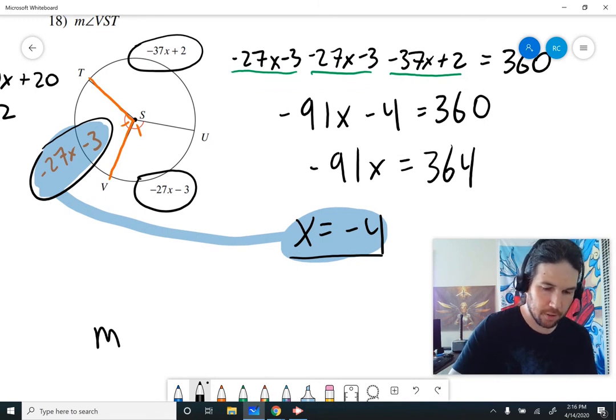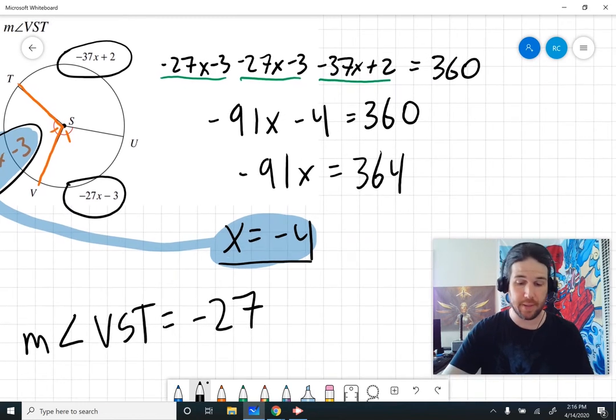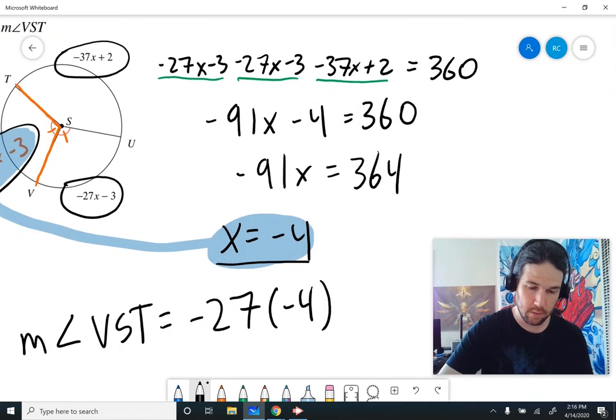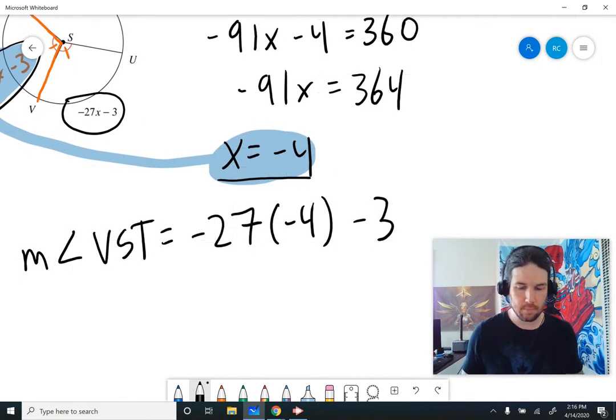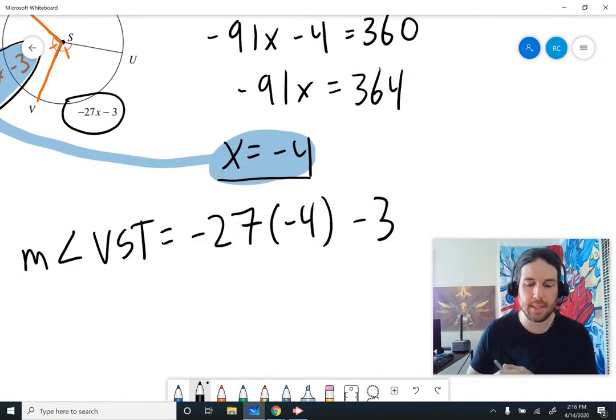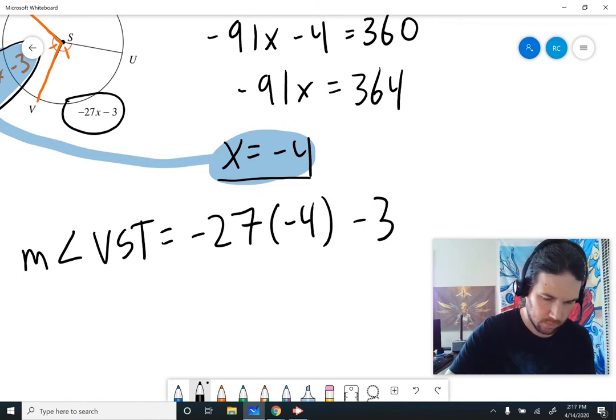So the measure of angle VST is negative 27x minus 3, but we now know that x is negative 4. Hey Google, negative 27 times negative 4 minus 3. The answer is 105. 105 degrees.